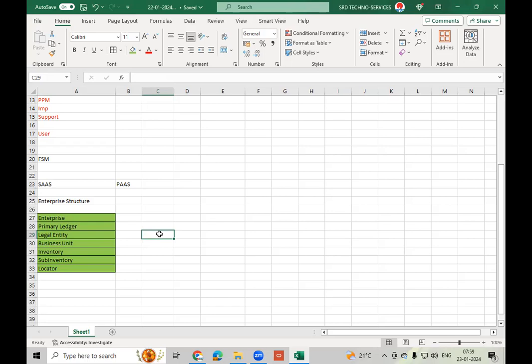If I want to start business in another country, there also my company must be registered as per the local company law. So in the same way the companies are registered, I'll define that many legal entities: TCS Malaysia, TCS Singapore, TCS India, like that.